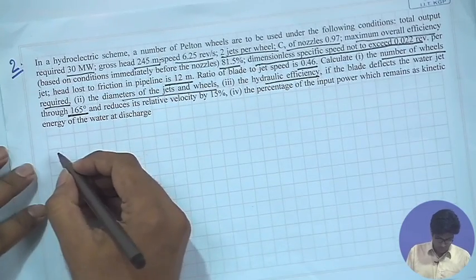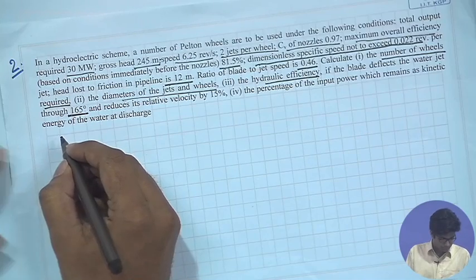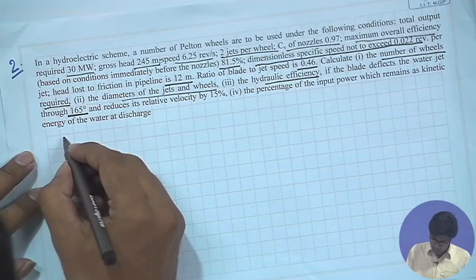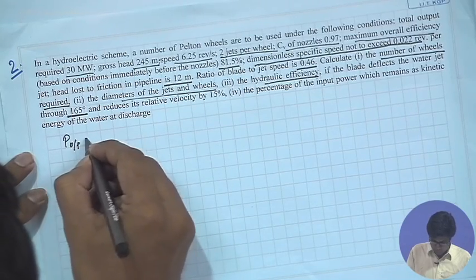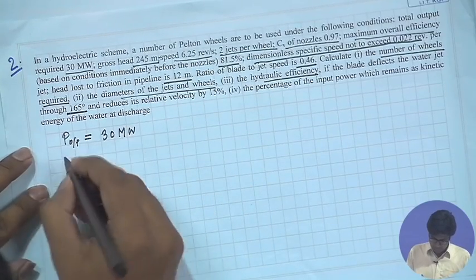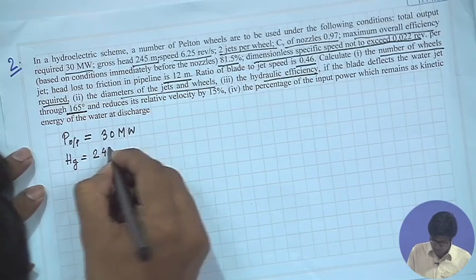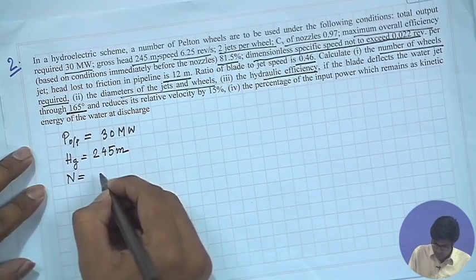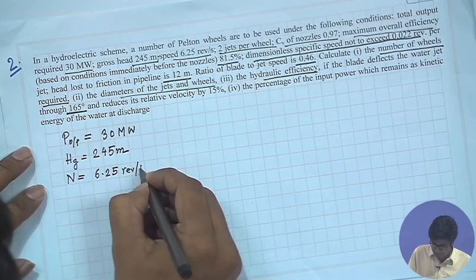So, let us write down what is given in this problem. First, we are given the output power that is required, which is 30 megawatt. The gross head is given as 245 meters. The rotational speed of the runner is given as 6.25 revolutions per second.